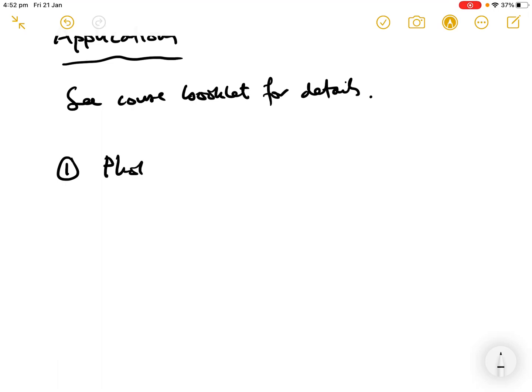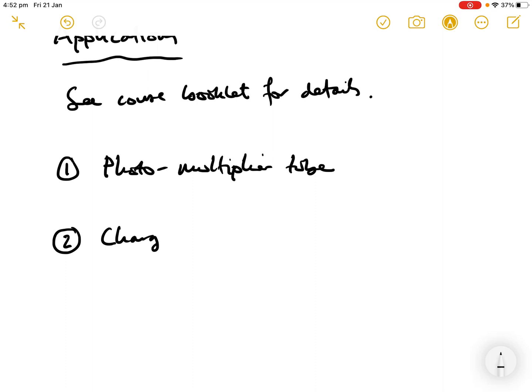One is in a photomultiplier tube. They are used in various detectors, for example, gamma cameras use them in hospitals. You can read more about that in the course booklet.